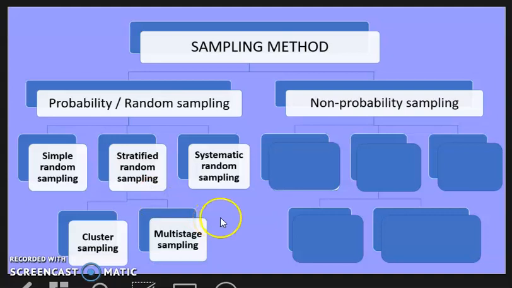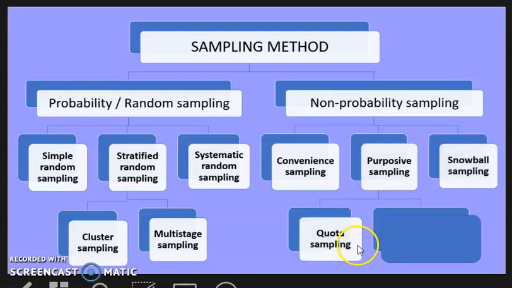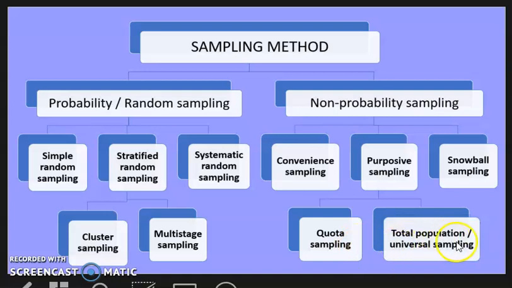For non-probability sampling, the most commonly known are convenience sampling, purposive or snowball sampling, quota sampling, and total population or universal sampling. For this video, we'll focus basically on convenience sampling.